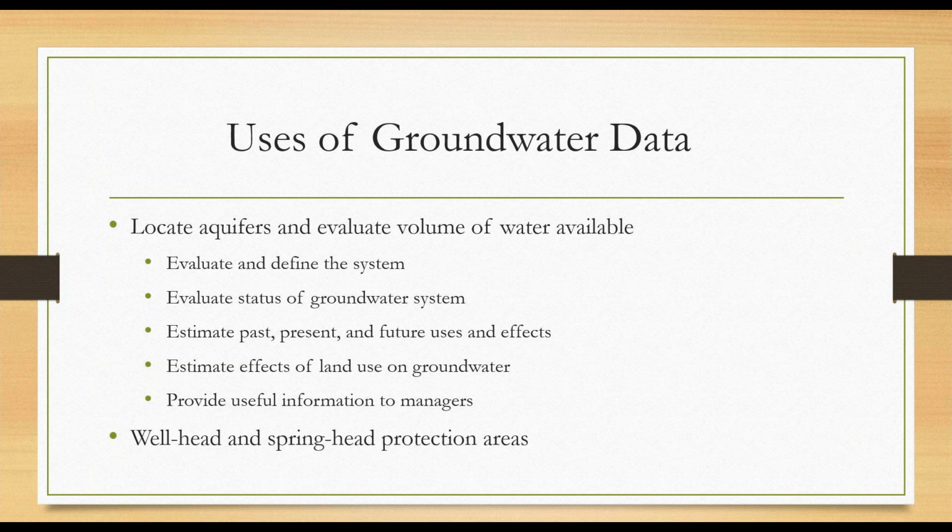Also to estimate the effects of land use on groundwater, or provide useful information to managers or lawmakers. Another use of groundwater data is to look at wellhead and streamhead protection areas.